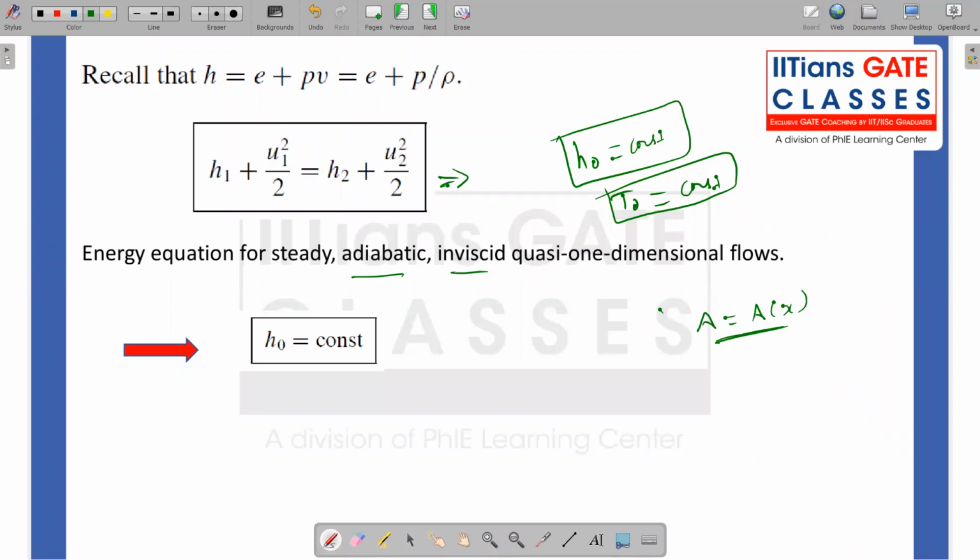So for that, what we can do is try to understand what this equation tells us, what this equation physically means. To address that, I am going to slightly deviate from this integral part of the governing equations, and I will look at the same equations in differential form.